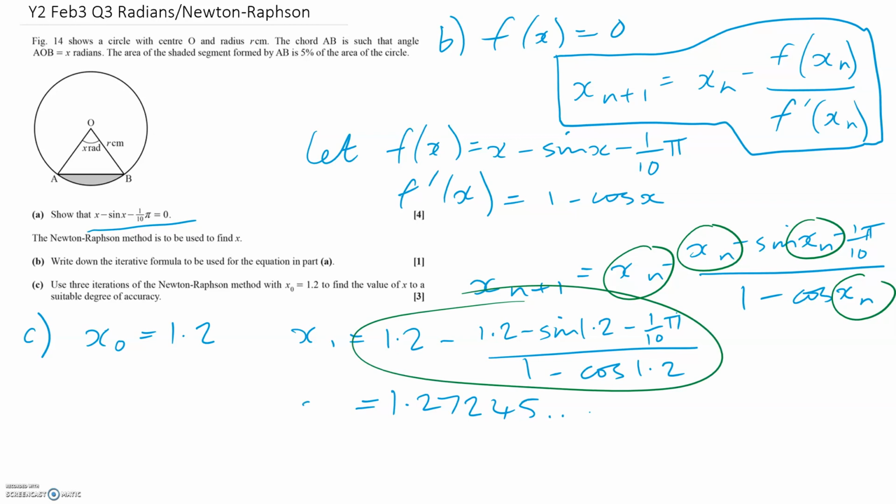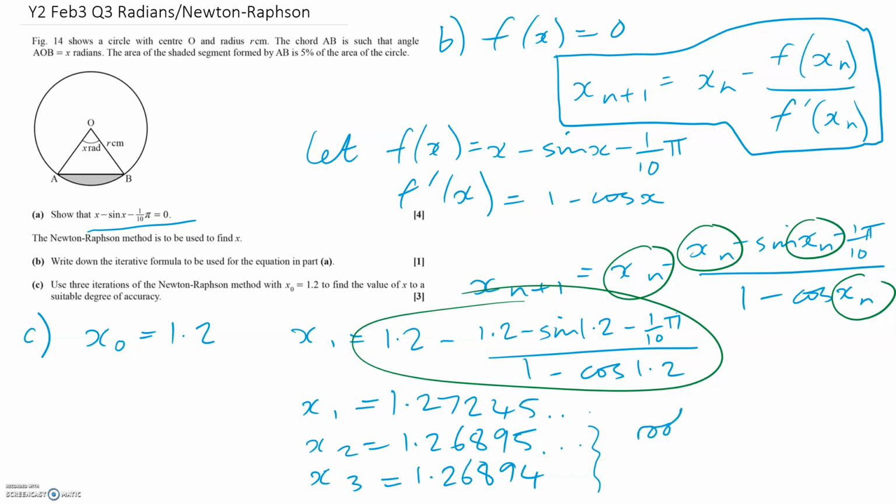You can just keep pressing equals on your calculator to get the next one, which is 1.26895. It's important you write down what you get after each iteration. 1.26894, and so you can see that already we've got this root pretty accurate, so we can be pretty sure what the root is to 3 decimal places.